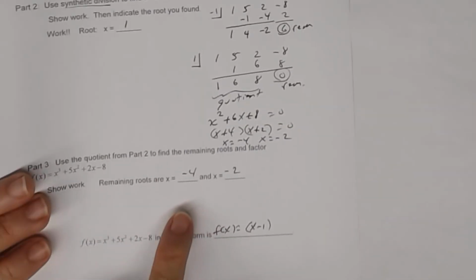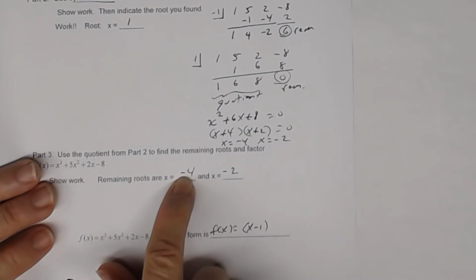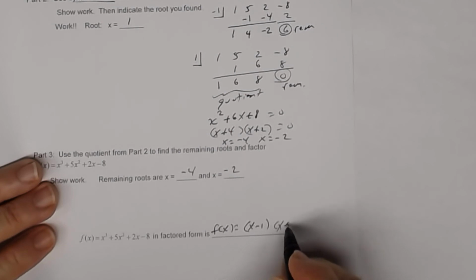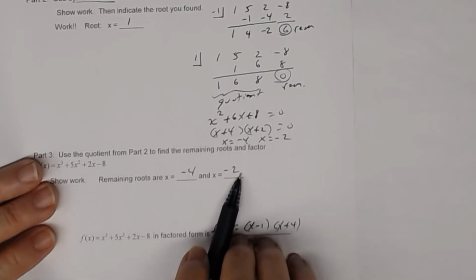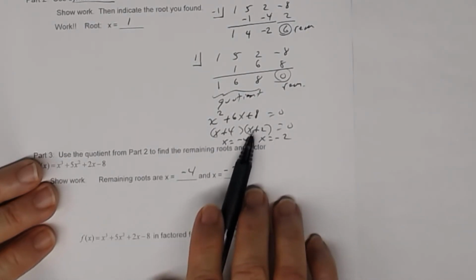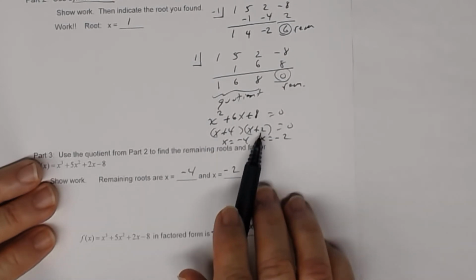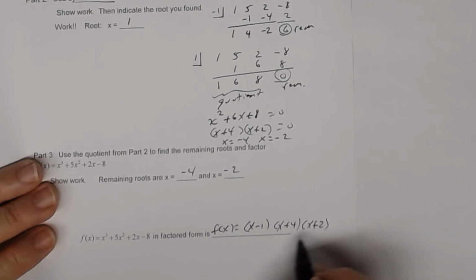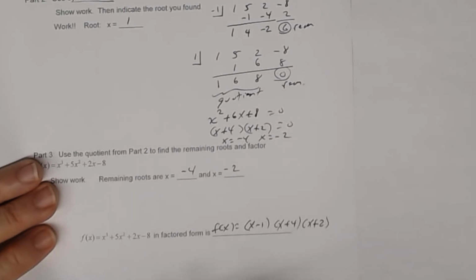If your other root is negative 4, then the factor has to be x plus 4, right? And if your other zero is negative 2, then the factor has to be x plus 2, because that's how you got negative 2, by setting x plus 2 equal to 0. And there's your answer. It's a product of these factors.